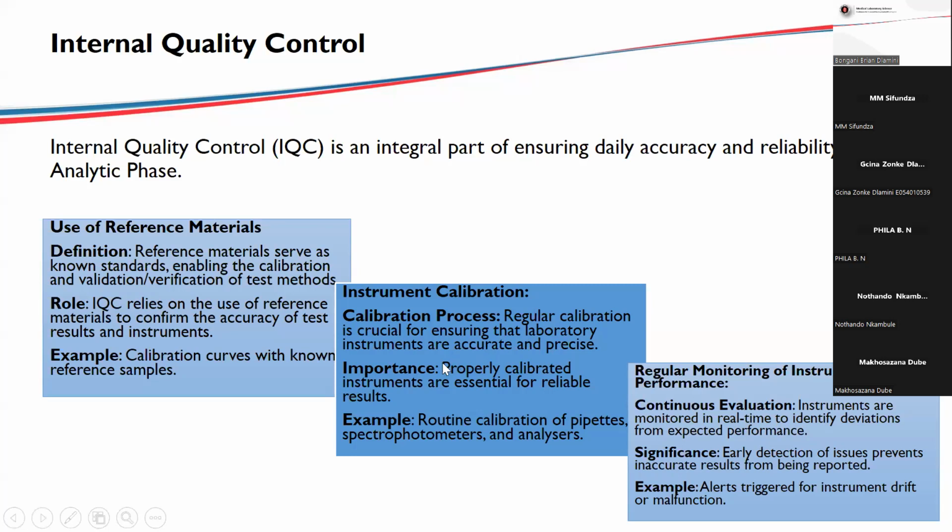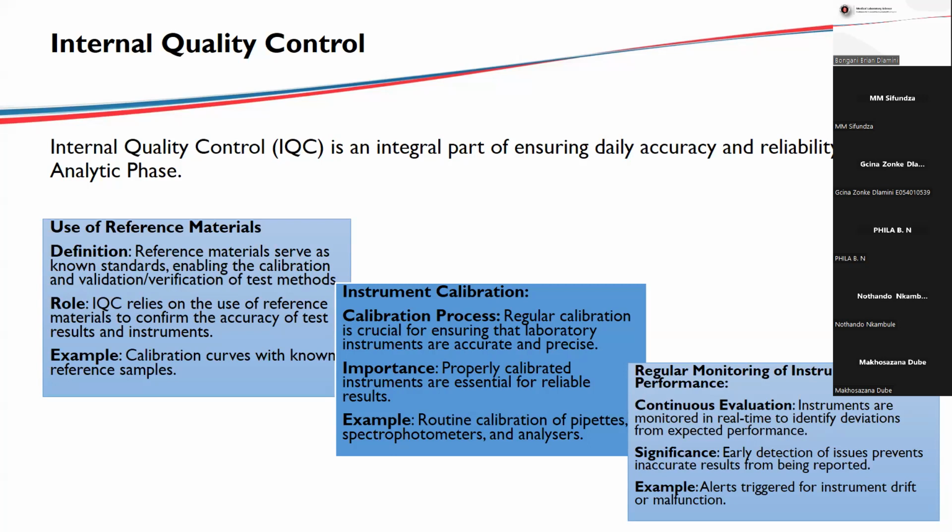So it is very important for the instruments to be properly calibrated for reliable results. If it's not calibrated well, we may end up not getting reliable results. An example of instrument calibration is the routine calibration of pipettes, spectrophotometers, and analyzers. Most of the time we are used to calibrating the bigger analyzers, the chemistry and hematology analyzers, but the auxiliary equipment really needs to be calibrated too.